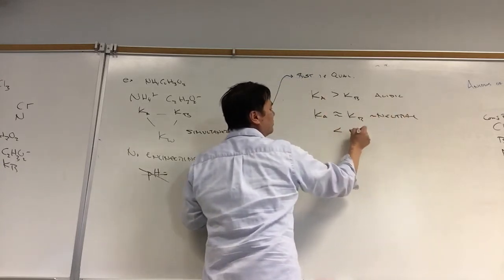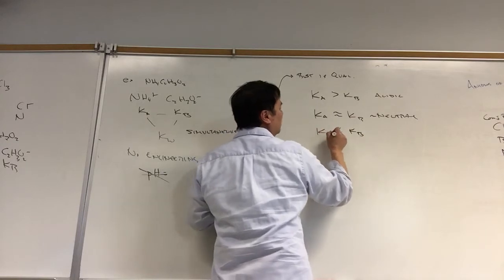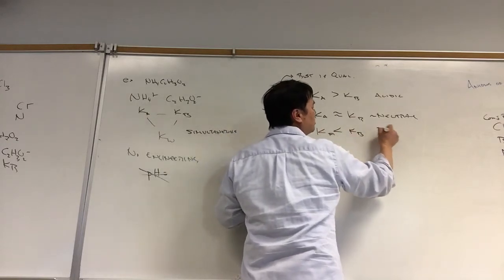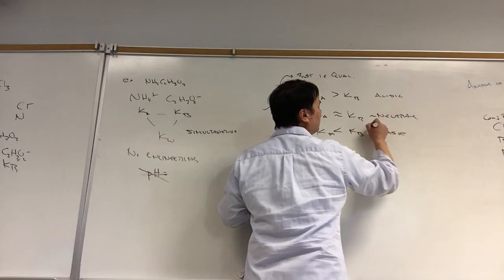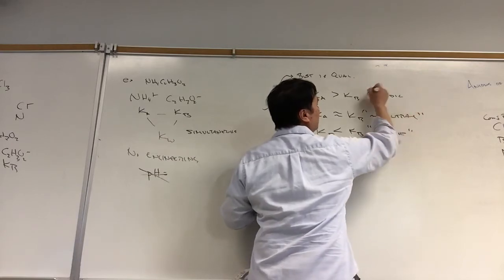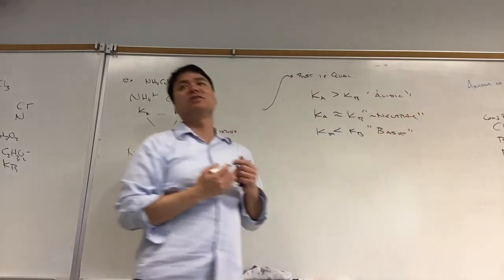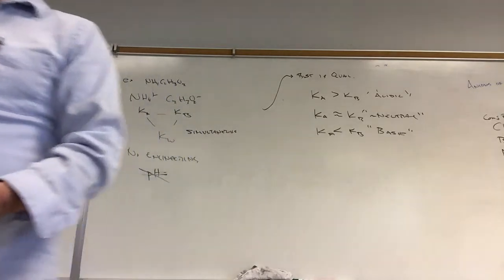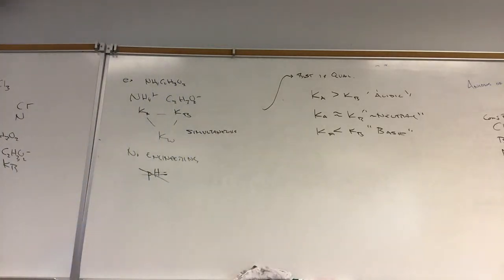And then, of course, if Kb is bigger, then we're going to generate more hydroxide, so it's going to be basic. We aren't actually going to calculate any numbers. We're just going to say it should be acidic, neutral, or basic, because the actual calculation is too difficult for us. But we have software that can do that, which we're going to use later on.